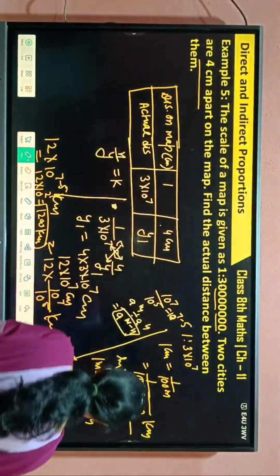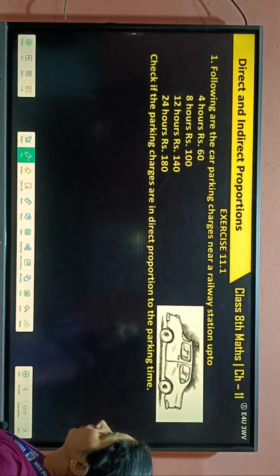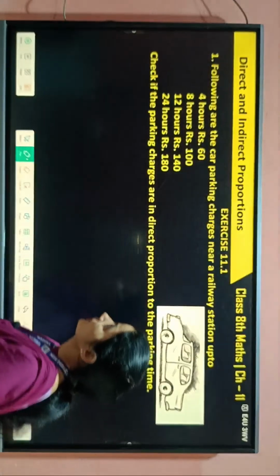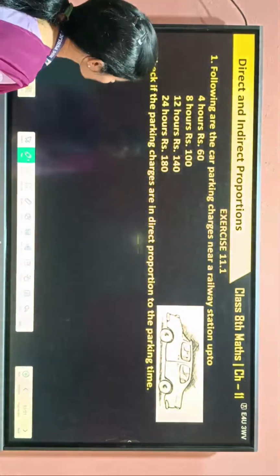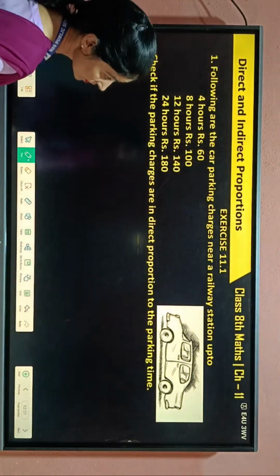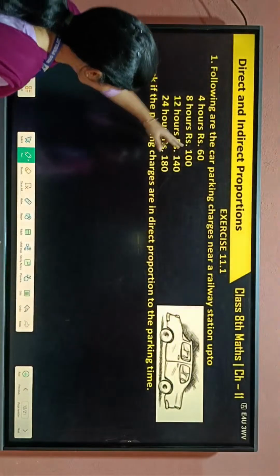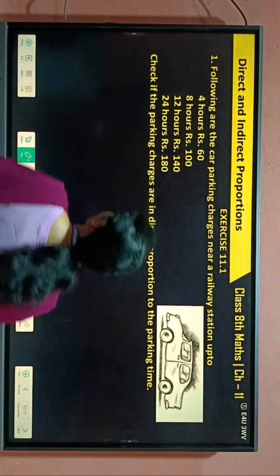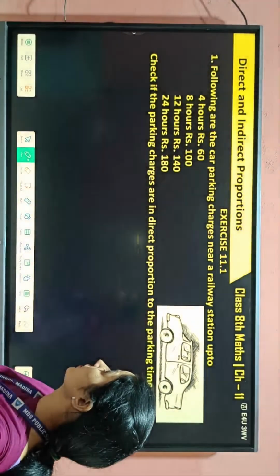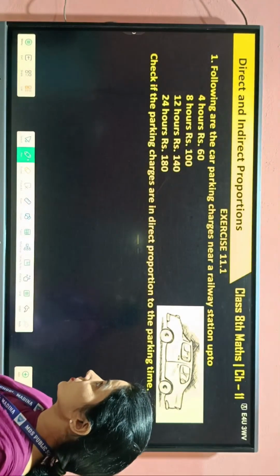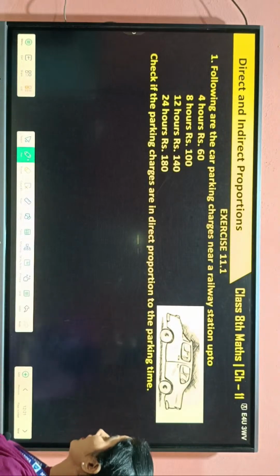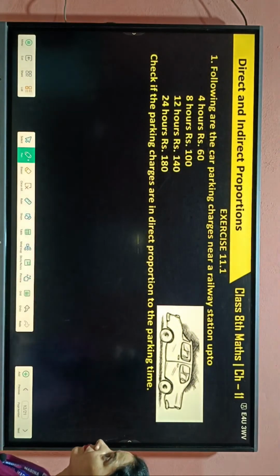Next is now exercise 11.1. Following are the car parking charges near a railway station: up to 4 hours rupees 60, up to 8 hours rupees 100, 12 hours rupees 140 and 24 hours rupees 180. Check if the parking charges are in direct proportion to the parking time.